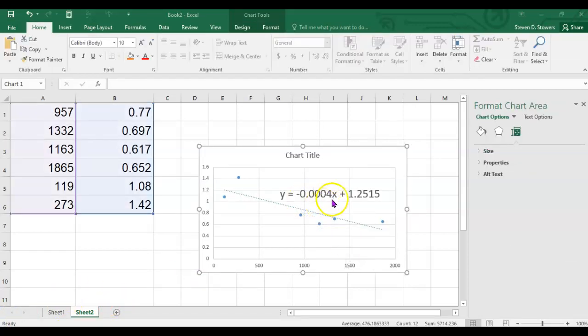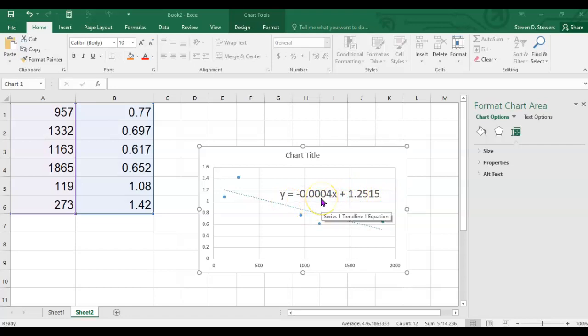And remember, Excel puts the x term first. So instead of writing it as 1.2515 minus 0.000398x, it put the x term first and it rounded it to 0.0004. So negative 0.0004x plus 1.2515. When you do this, I would accept either way.